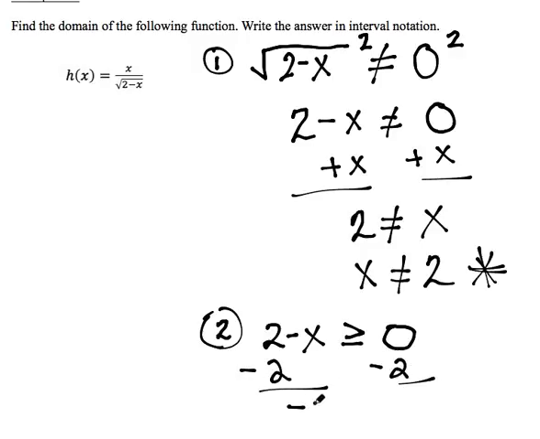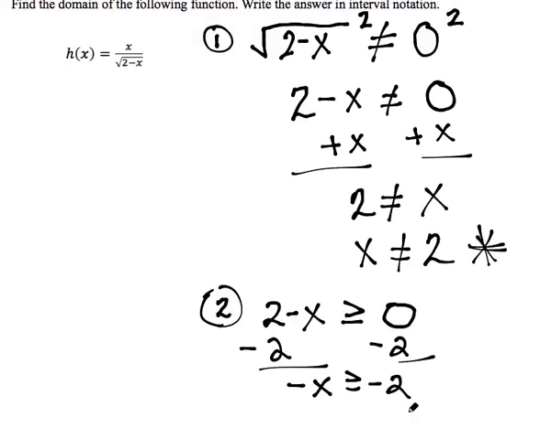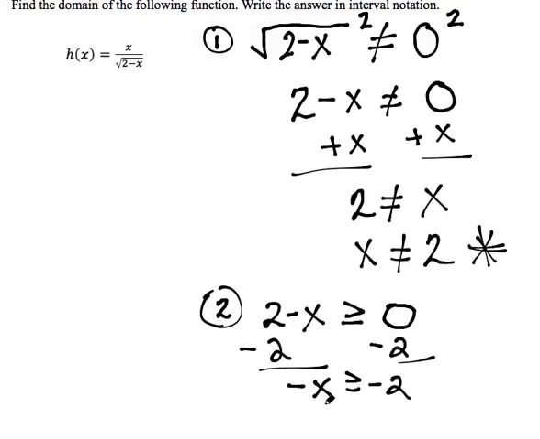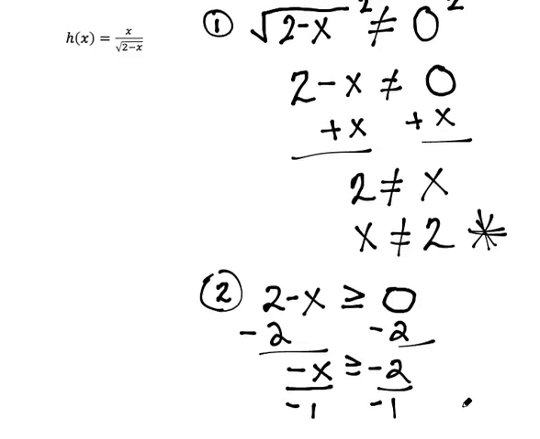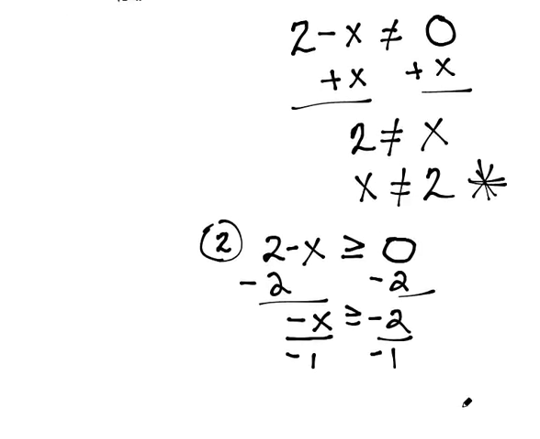That gives me negative x has to be greater than or equal to -2. But remember, I need to go ahead and solve for x. So I'm going to divide both sides by -1. Remember that when you divide by a negative, when you're solving an inequality, you have to flip the inequality symbol. So that's going to leave me with x is less than or equal to 2.